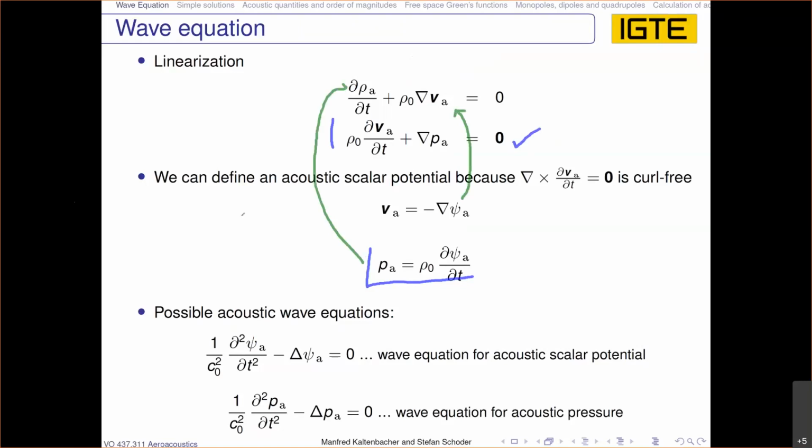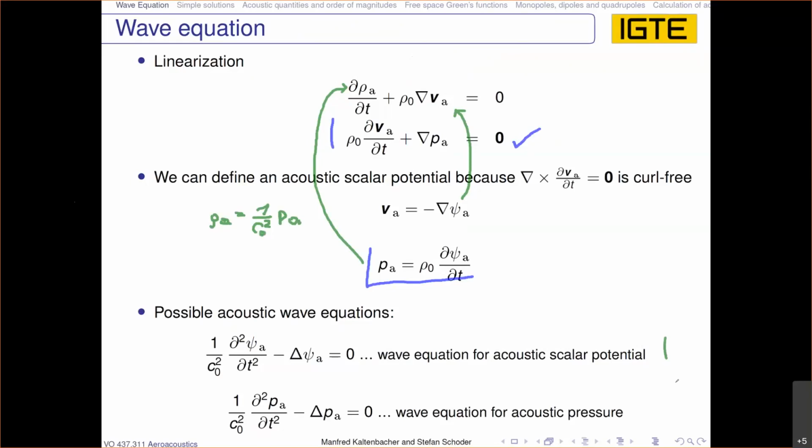We will need that the acoustic density is equal to 1 over the constant speed of sound squared times the acoustic pressure. Okay. And in this case, you get directly, as you see, this wave equation here for the acoustic scalar potential.